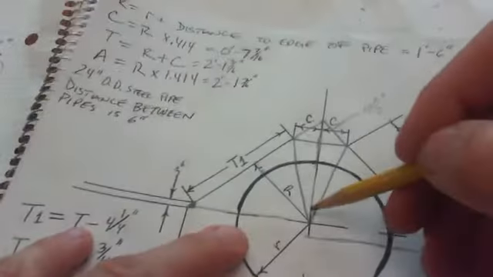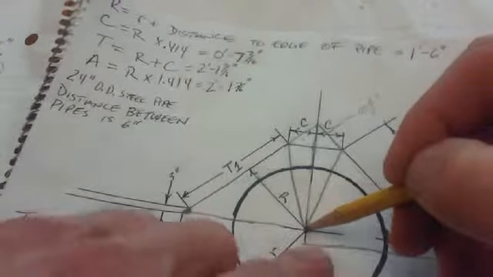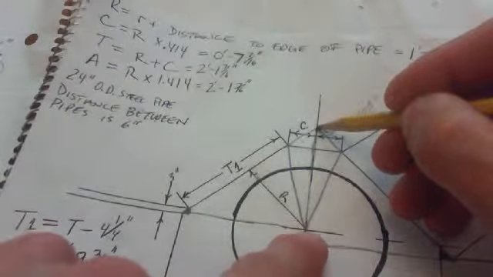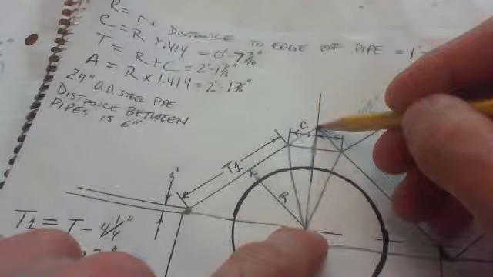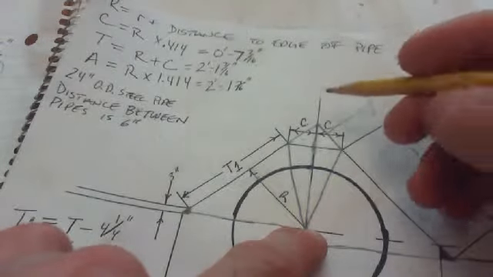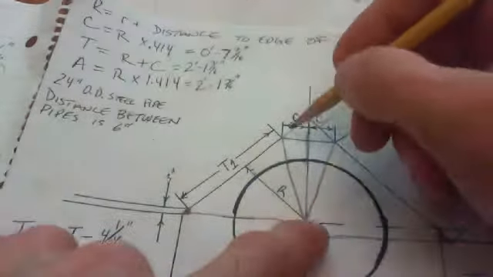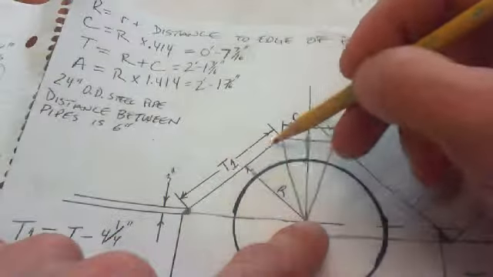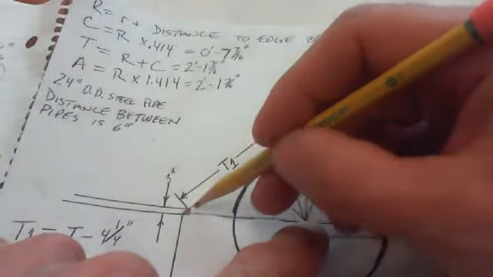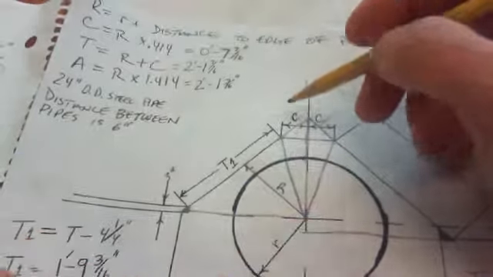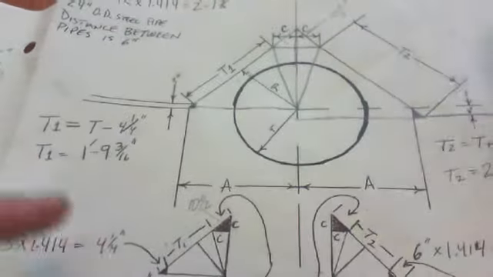That would be all of this right here, from this center line all the way up to here, is 25 and 7/16, excuse me, making up stuff. And so you multiply that by 1.414 and you'll get this entire stretch right here. Okay, and then you can go ahead and subtract out the stuff you don't need, and then you'll end up with T1.